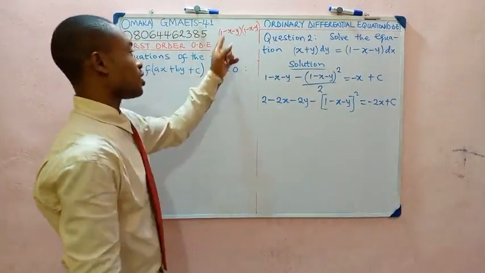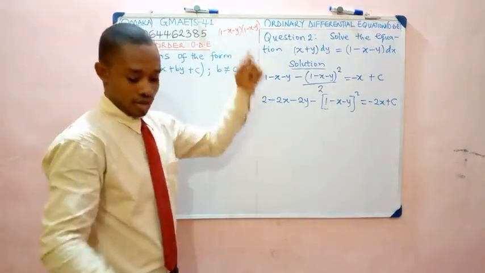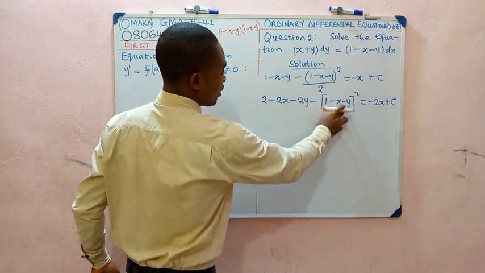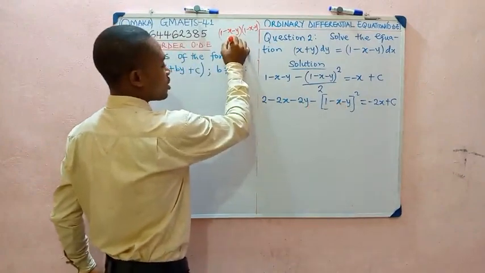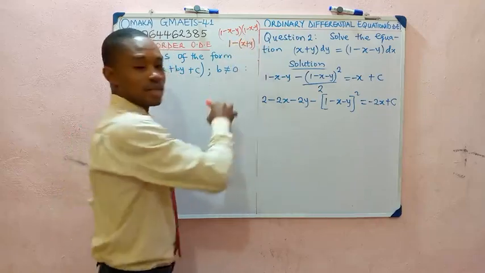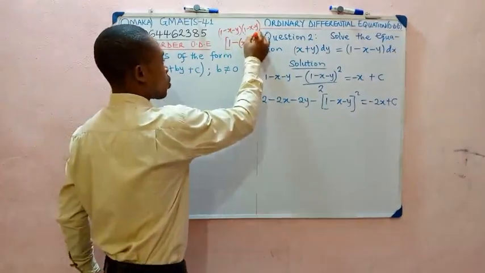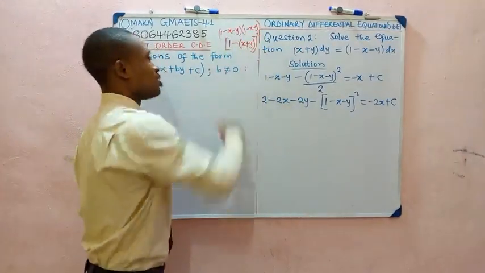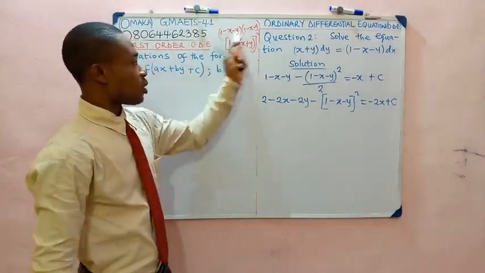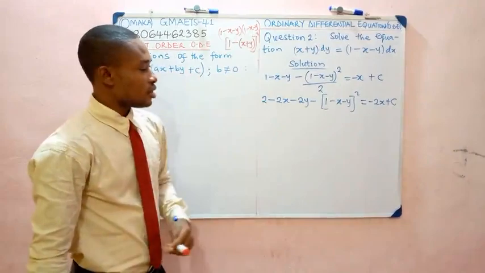To expand it, you can do something like this. Is that okay? I'm going to expand mine, taking note that this minus x minus y can still be written as 1 minus open bracket x plus y. You can write it this way, then everything squared. So I'm going to use this format to really quickly expand it, but you can expand it using this. Alright? Let's go.